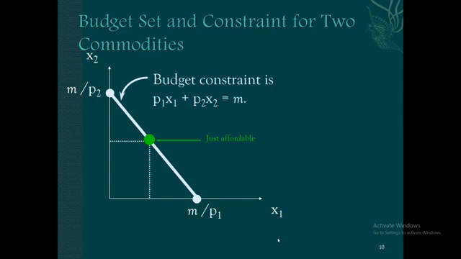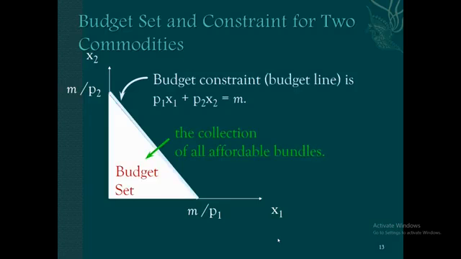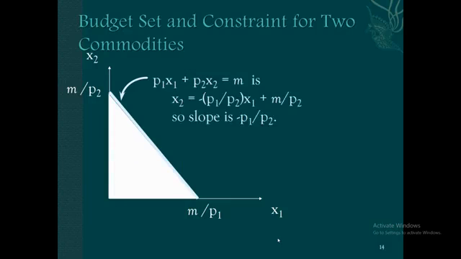The affordable bundles always fall under this line, forming the green points. Anything above the green line is not affordable because your income is insufficient. A yellow point is affordable, but you are not maximizing your utility by exhausting your income. This is called the budget set. The budget constraint, or budget line, is p1 x1 plus p2 x2 equal to m.